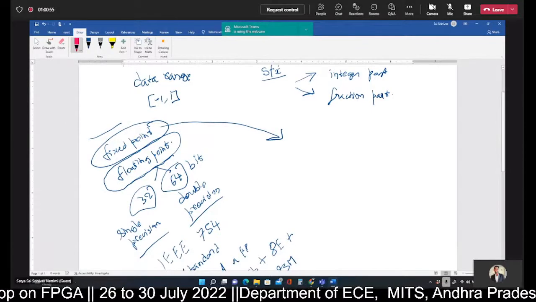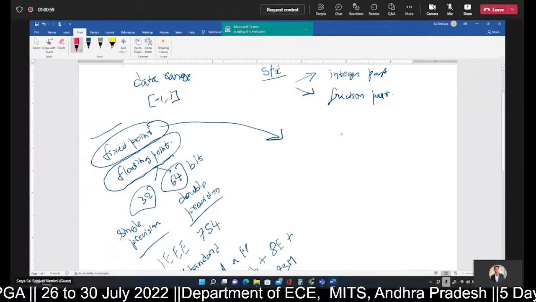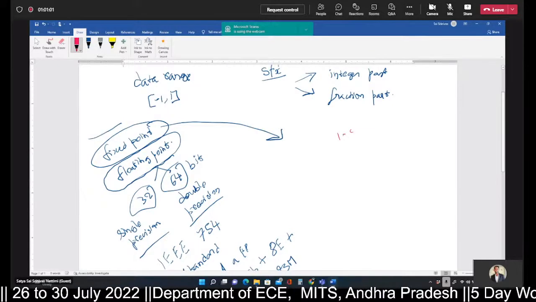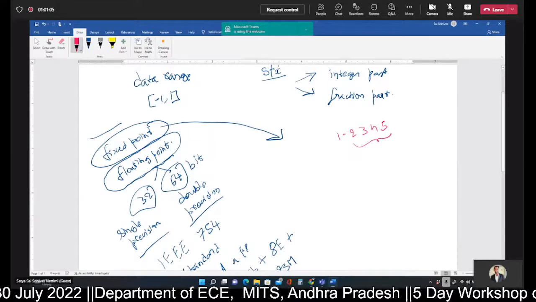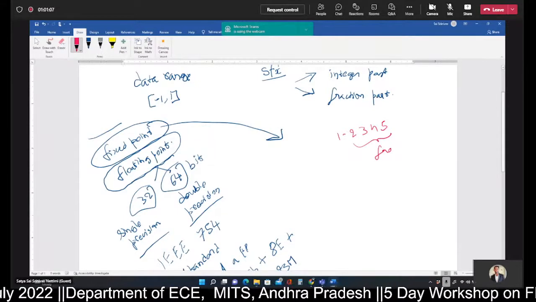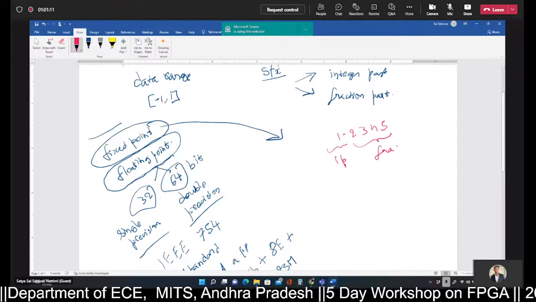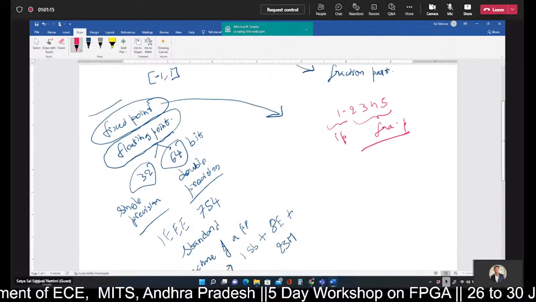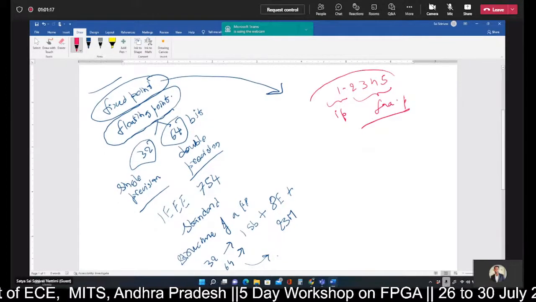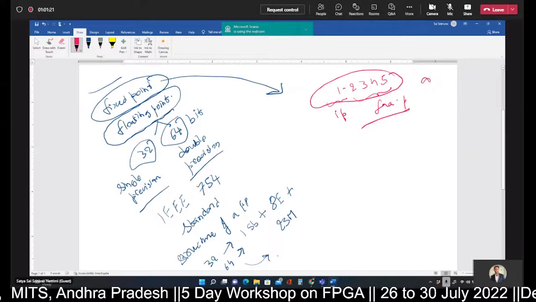Coming to fixed point, if you take any real number, say for example 1.2345, this is called the fractional part and this is called the integer part. This number can be represented by an infinite number of bits.